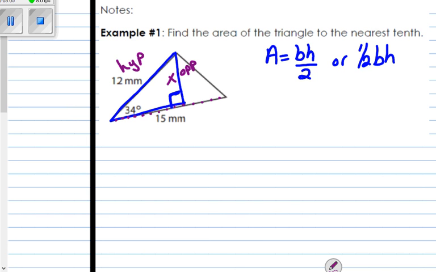So it would be sine of 34 degrees equals opposite x over hypotenuse, which is 12. I'm doing this right now just to find the height of that triangle that we marked with x. So sine of 34 degrees equals x divided by 12, opposite divided by hypotenuse.